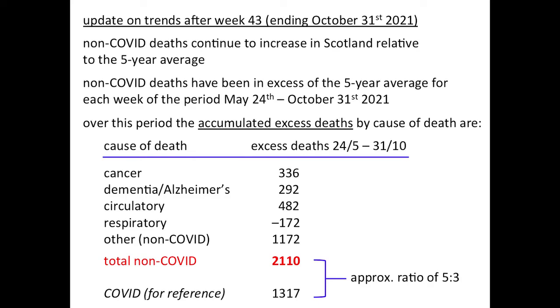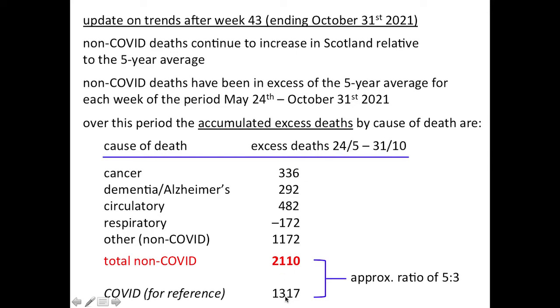And as I've stressed, to the point of being tiresome, we would actually really have expected this to be a negative value for the reasons that I've explained earlier in this video. It's not negative, it's positive, and it's also not a small number. It is significantly greater than the number of COVID deaths in this period.